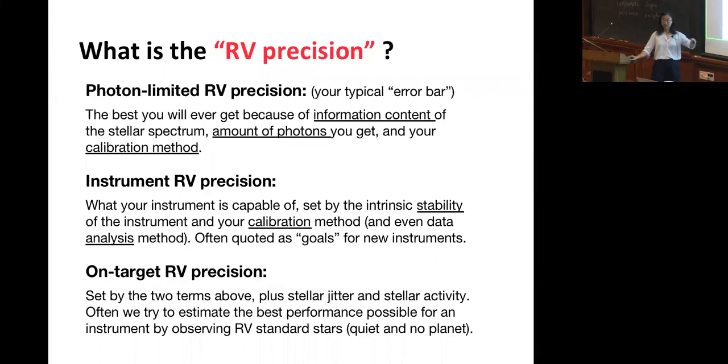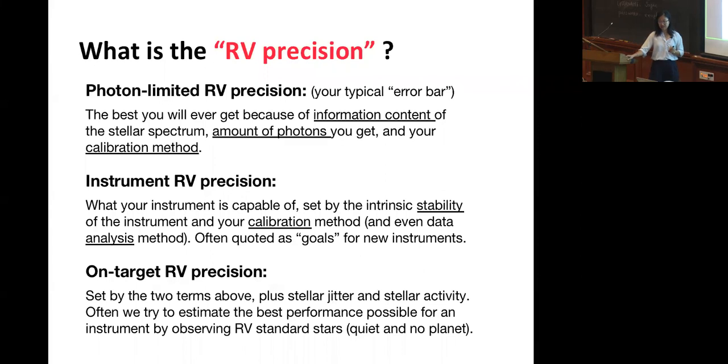They are quiet in terms of stellar activity and stellar jitter, so they don't pulsate like crazy. They do pulsate, and they do not have any known planets, at least not to the amplitude of the current precision. But I suspect those RV standard stars will go away very quickly as we bring our instrument RV precision down. We're going to start digging out things, hopefully.